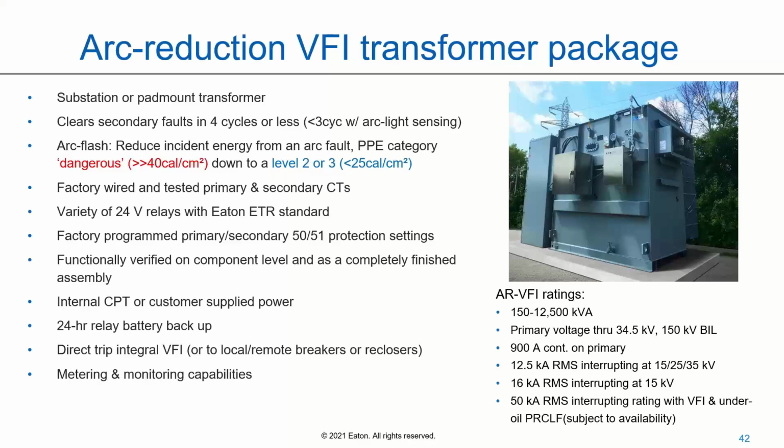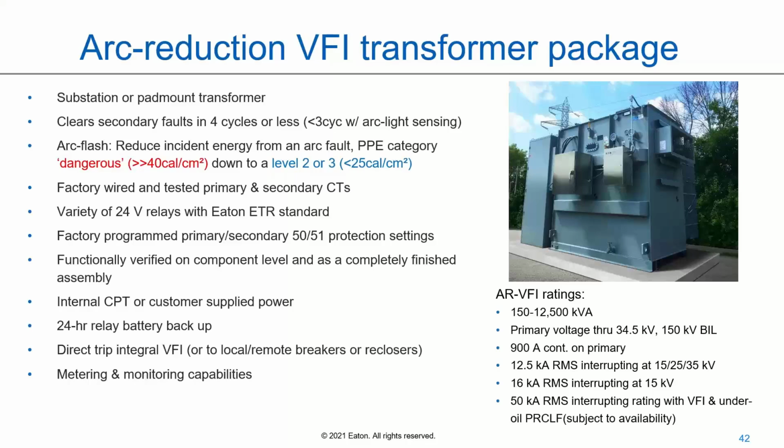We do offer under oil partial range current limiter fuses, which would be in series with that VFI mechanism. And that's really just to help cover any internal failures that would require that higher interrupt rating. So if you look at the ratings of the vacuum fault interrupter, that mechanism can interrupt up to 12.5 kA for the 25 and 35 kV classes, and up to 16 kA at 15 kV.